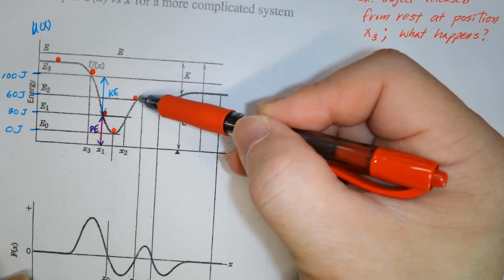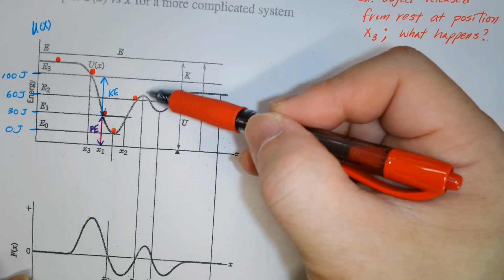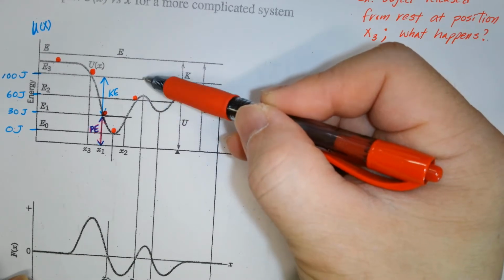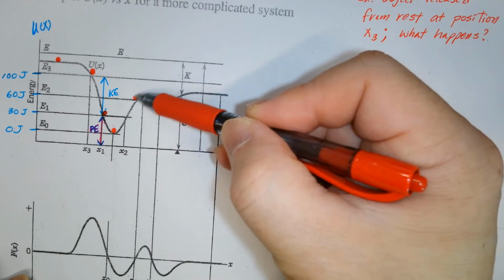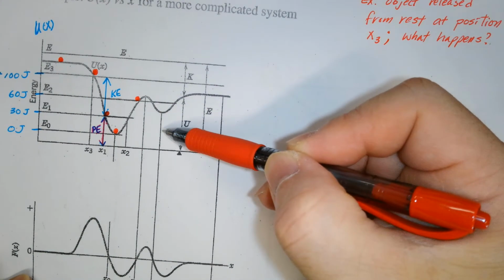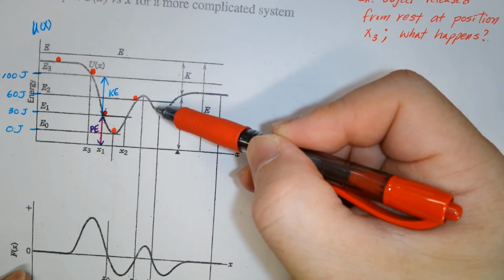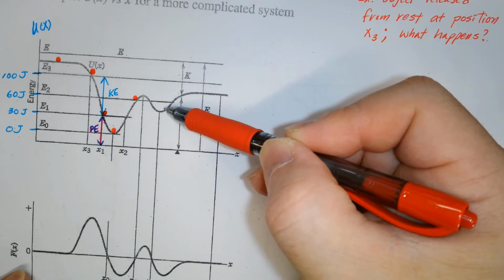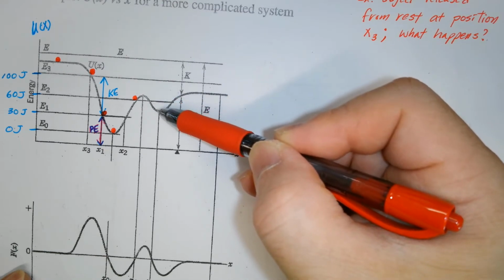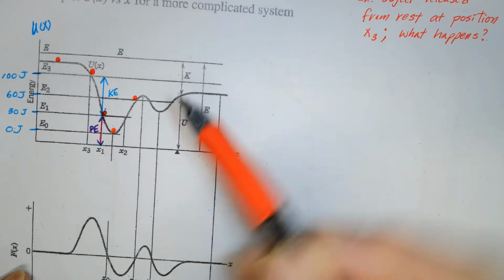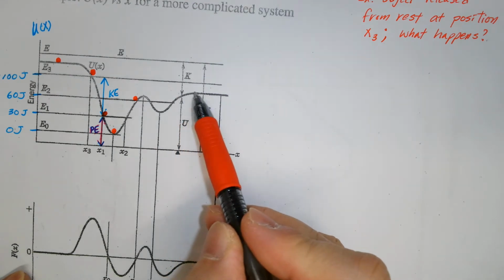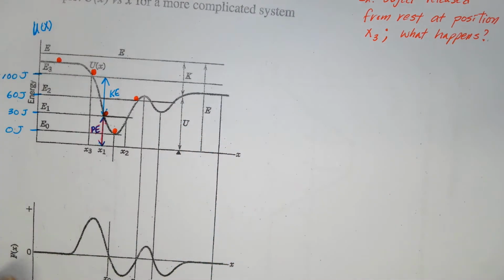Yeah, because this has enough kinetic energy to go over it, right? Because here you still have this much kinetic energy, so it'll definitely go over. It'll go over and then slow down, then speed up, speed up, speed up, and then slow down, and then it's going to roll down the hill and so on.